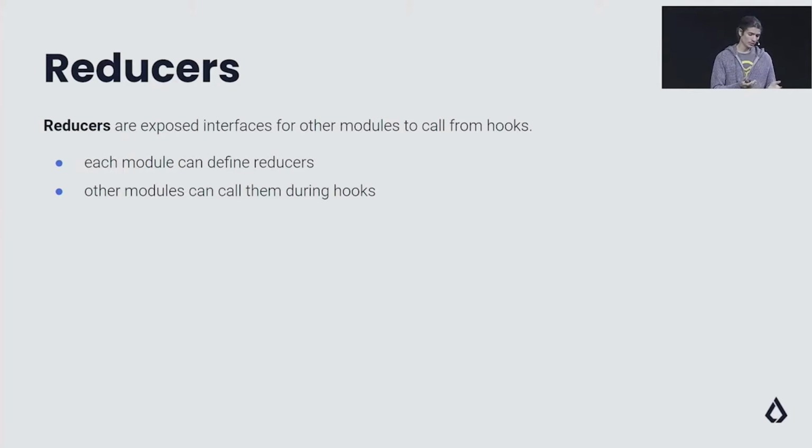Reducers, as I mentioned before, and as Maxime discussed in his presentation, are exposed interfaces that other modules can call. Basically, the idea here is that each module has agency over its own store. So for instance, the token module should be the only one that is allowed to modify the balances in the state tree. But of course, other modules can trigger this logic by calling the reducer.